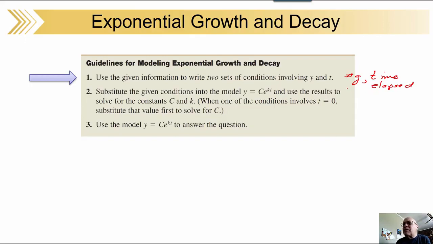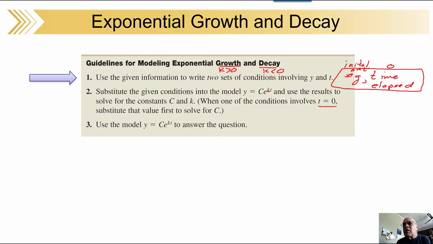When you start this experiment, if you want to call it that, your time elapsed would be 0. And this would be your initial amount. Start with a certain amount. After a half-life in some situations, that time elapsed is what T represents. The K is going to tell you whether it's growth or whether it's decay. If it's positive, you have growth. If it's negative, you've got decay.